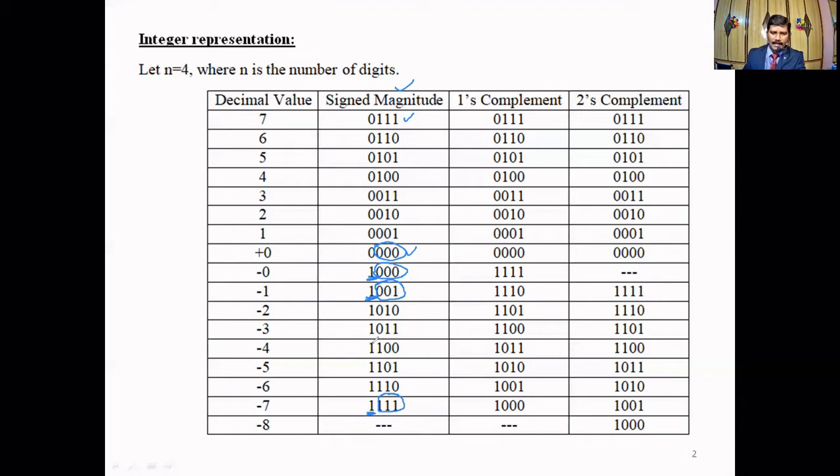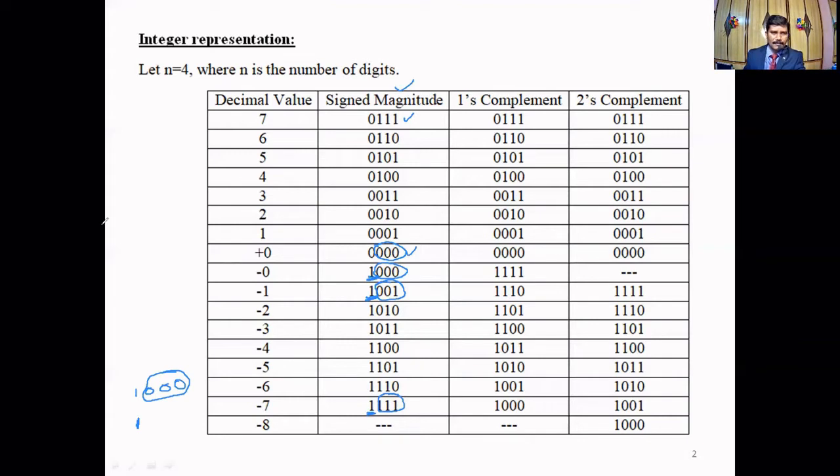Okay, and why can it not represent minus 8? Minus means we write 1, and the remaining 3 bits are there. 3 bits are not sufficient to represent 8, because 8 itself takes 4 bits. So minus 8 is not possible.